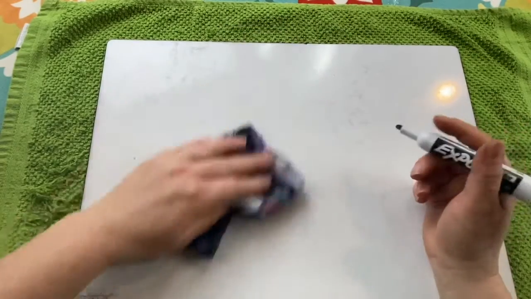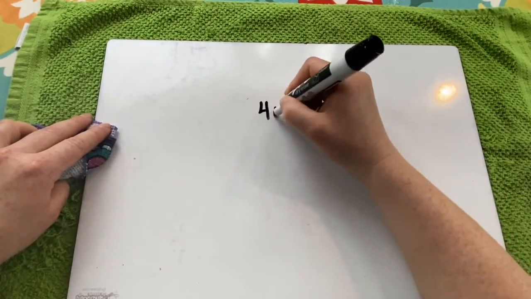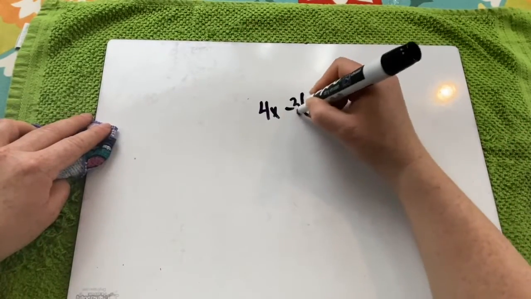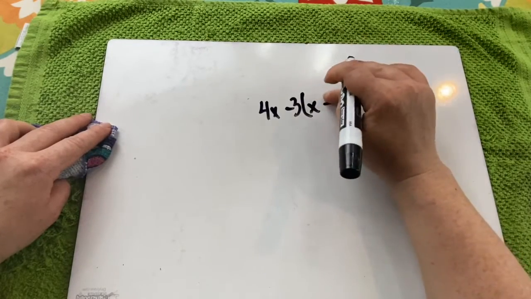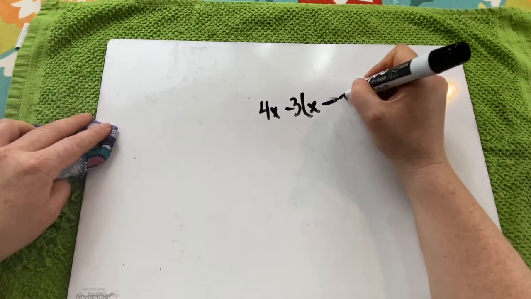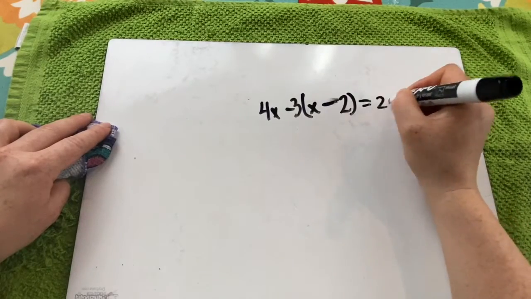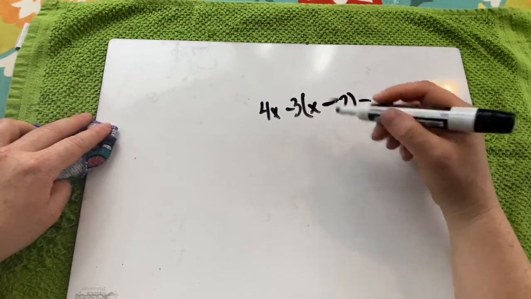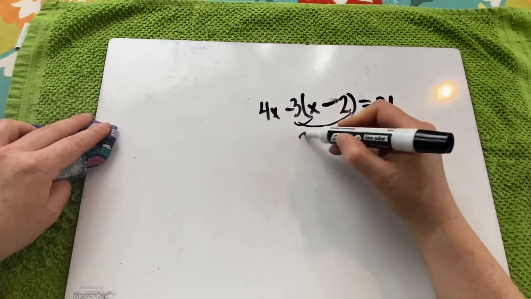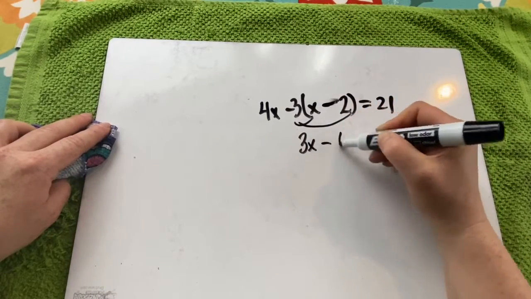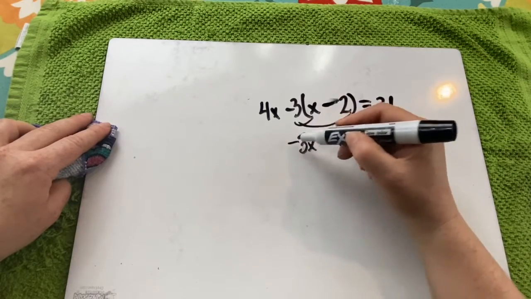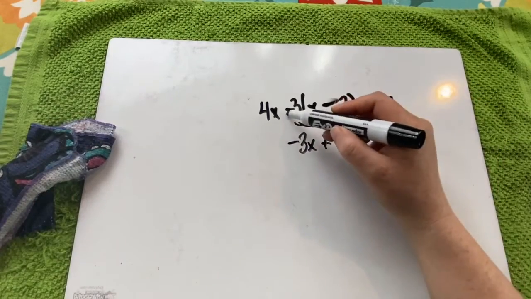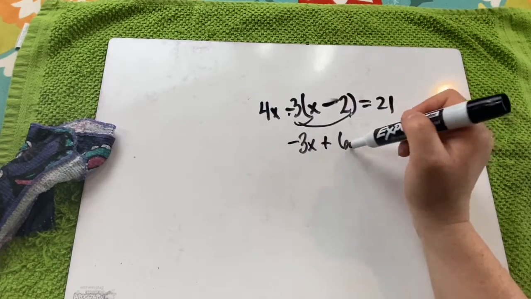Okay? The last one I'm going to show you guys says 4x minus 3x minus 2 equals 21. So they want you to distribute this first, which this is 3x minus 6. Oh, this was negative, so this is positive, because negative 3x times 2 is 6.